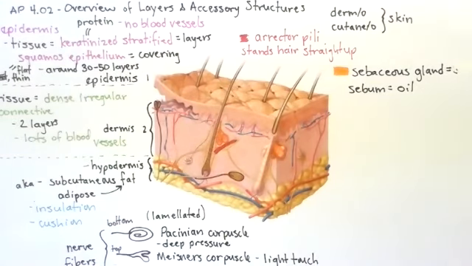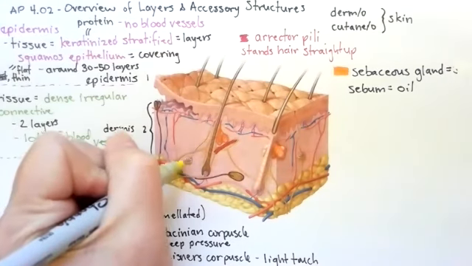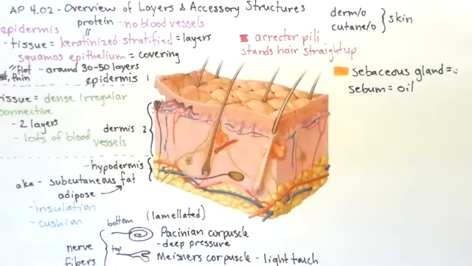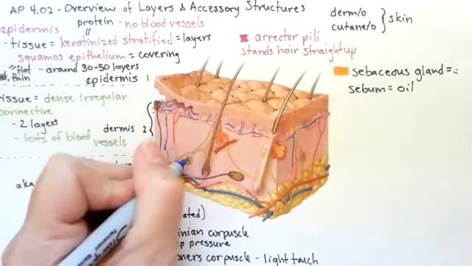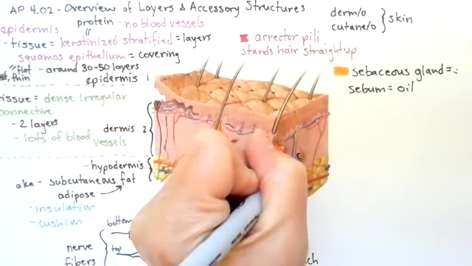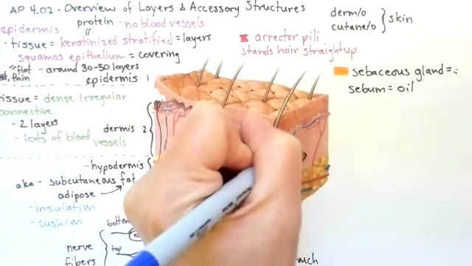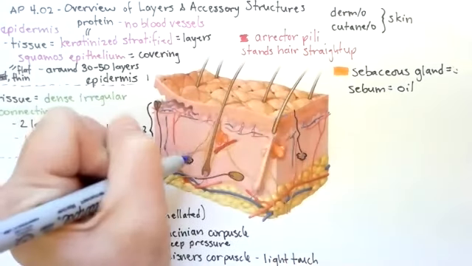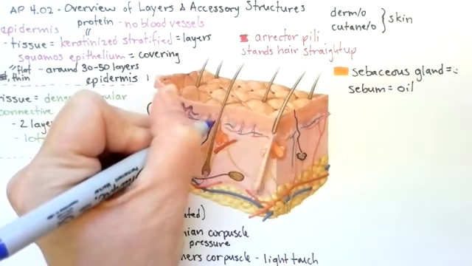All right, the next one, I'm going to try to do these in yellow, and these actually have different names. That's not going to show up at all. Let me pick a dark blue. So we'll try dark blue here. And there's a duct that goes to the surface of the skin. So this is a gland and the duct.